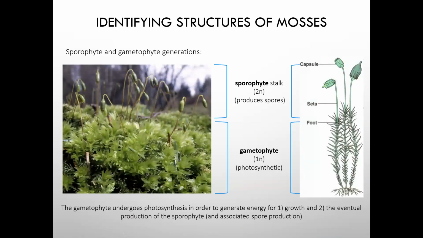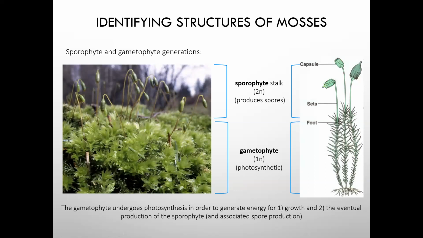So the sporophyte generation is pretty easy to identify from the gametophyte generation in mosses. We covered it a couple slides ago, but again, the sporophyte generation is a stalk that grows from the tip of the female gametophyte, and the sporophyte is diploid or 2N and produces spores.